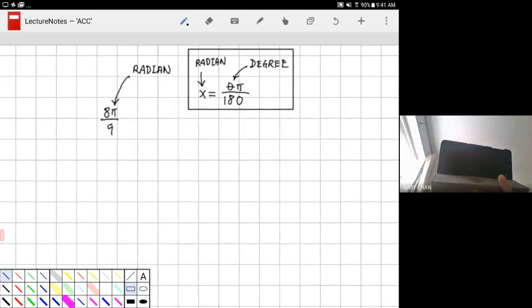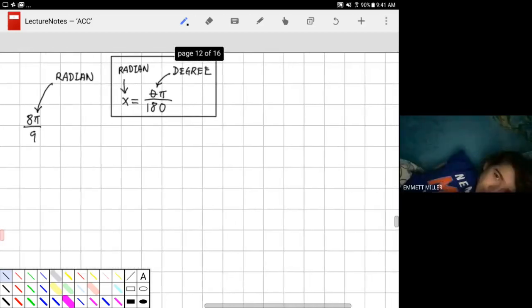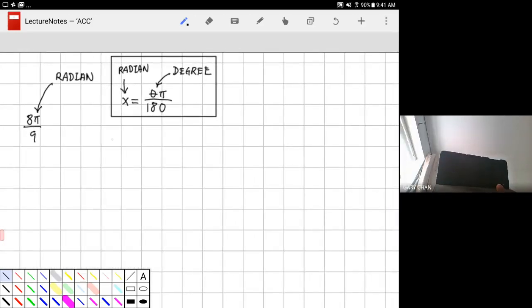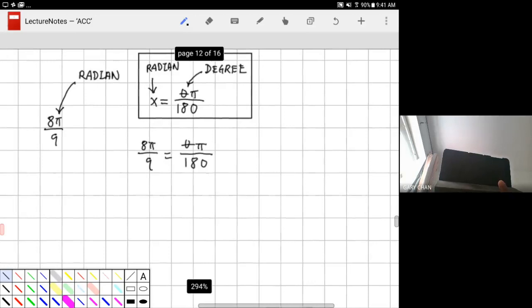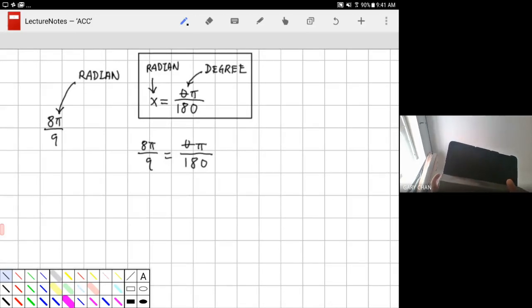So what we're going to do is directly substitute. Am I going to replace 8 pi over 9 in for x, or am I going to replace that in for theta? X. I'm going to replace that in for x. So 8 pi over 9 is equal to theta pi over 180, and I'm going to try to solve for theta. Anytime you have the same things on both sides of the equation, what do we do?